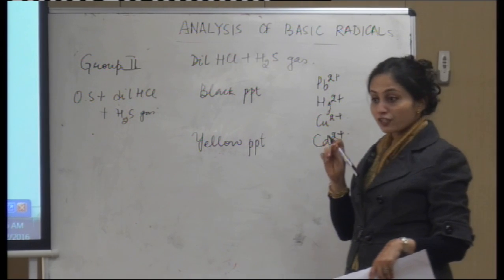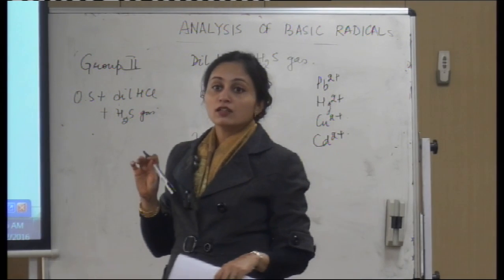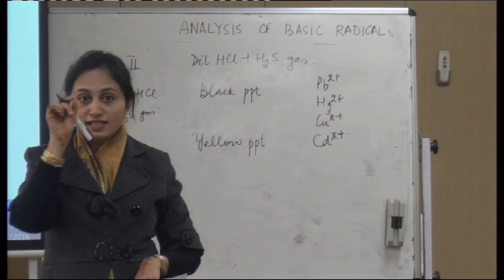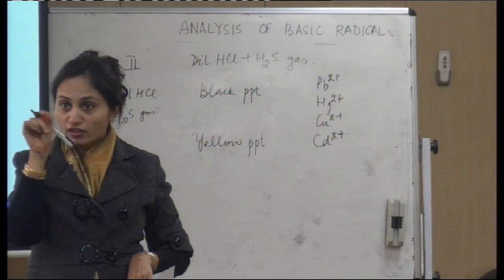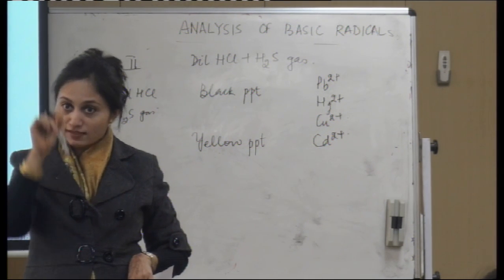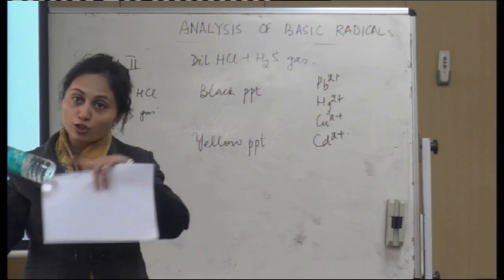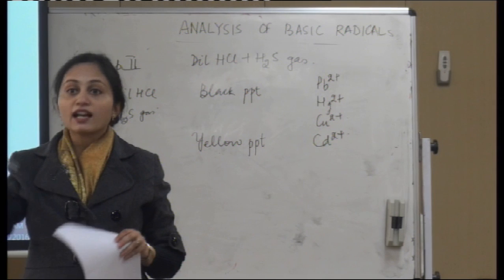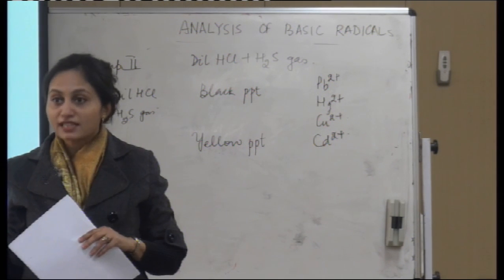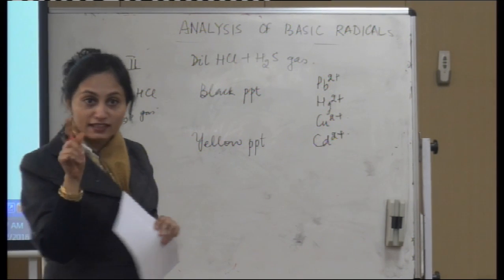And there is a difference between coloration and PPT. PPT is some kind of solid powdered form, like a precipitate, suspended in your solution. Coloration is simply that I take this water and add a drop of yellow color to it. So it will get colored completely, but it will not give you a precipitate. So please understand that difference also.